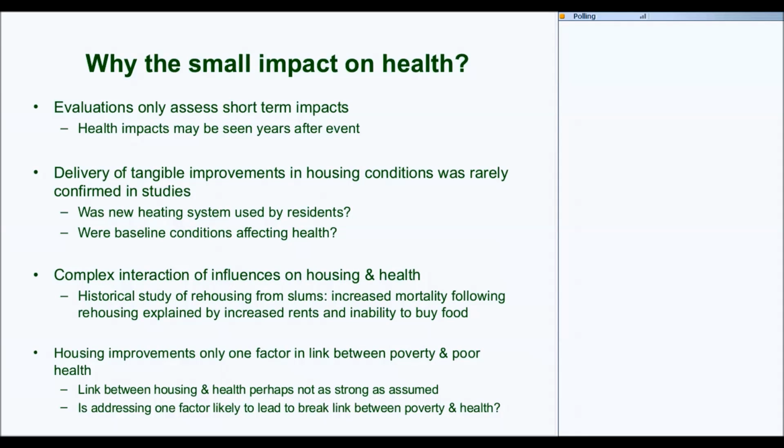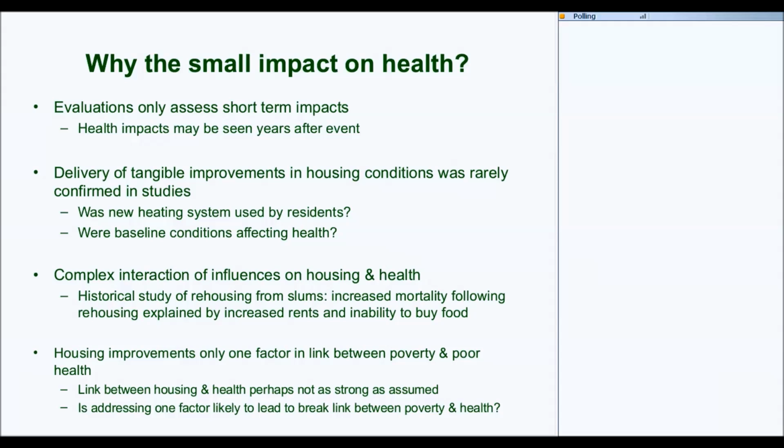Another issue is that we don't really know to what extent there were tangible improvements in a lot of the studies in terms of the actual housing conditions. In one of the studies that we carried out ourselves, when we asked residents at baseline what their housing condition was like, although their housing didn't look very nice, they didn't report many problems with dampness or cold or moisture.